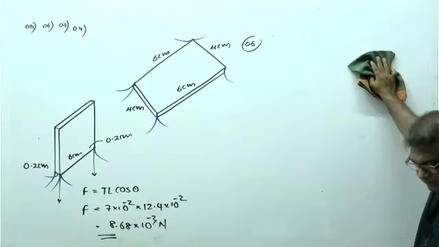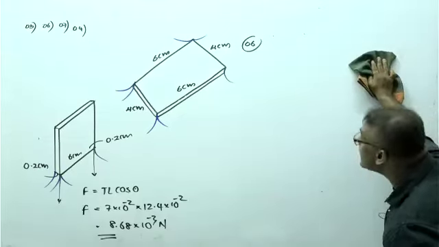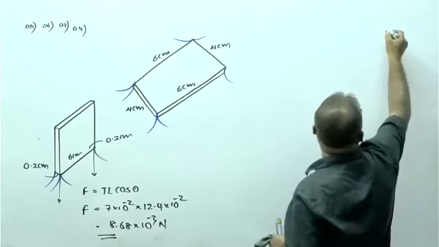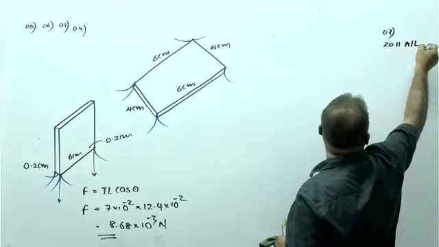As shown in the figures, the space between the nylon fibers of an umbrella made of nylon cloth could be considered approximately circular. Question number 7. It's 2011 A-level.